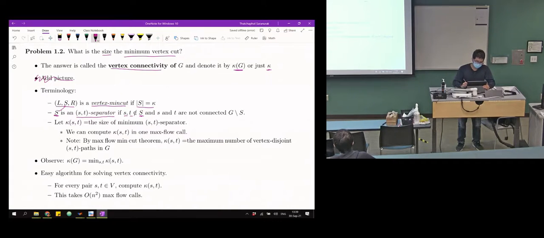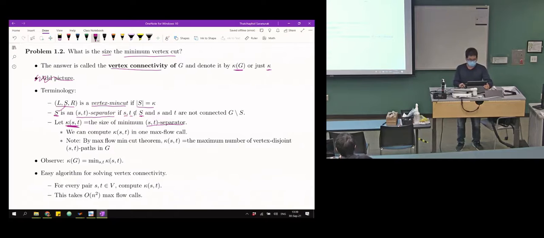Let me denote by kappa between S and T the minimum ST separator, or minimum vertex cut, such that it separates S and T.